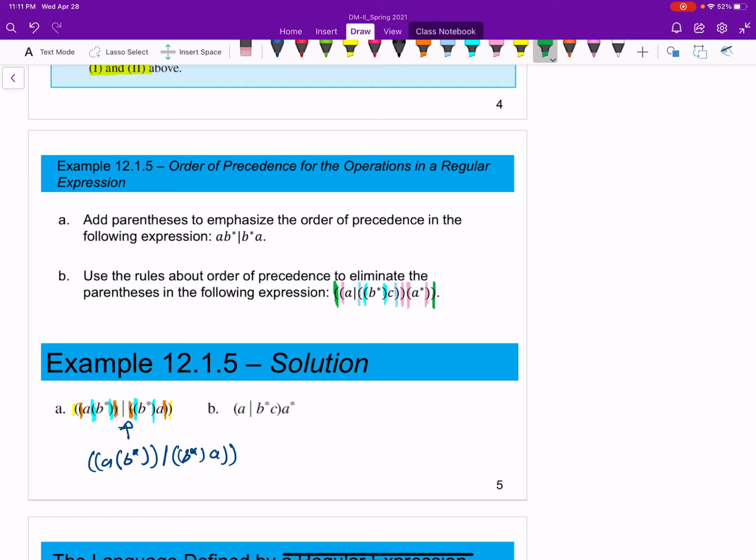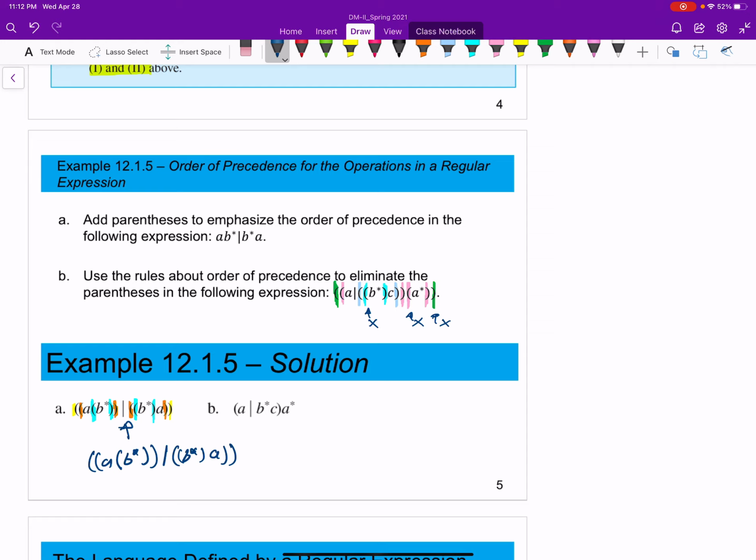Of course, you can eliminate the blue parentheses, which are not important, and then you can eliminate the parenthesis for A, which is the pink parenthesis, and then you can eliminate this green parenthesis. If you eliminate those parentheses, what you get is this.